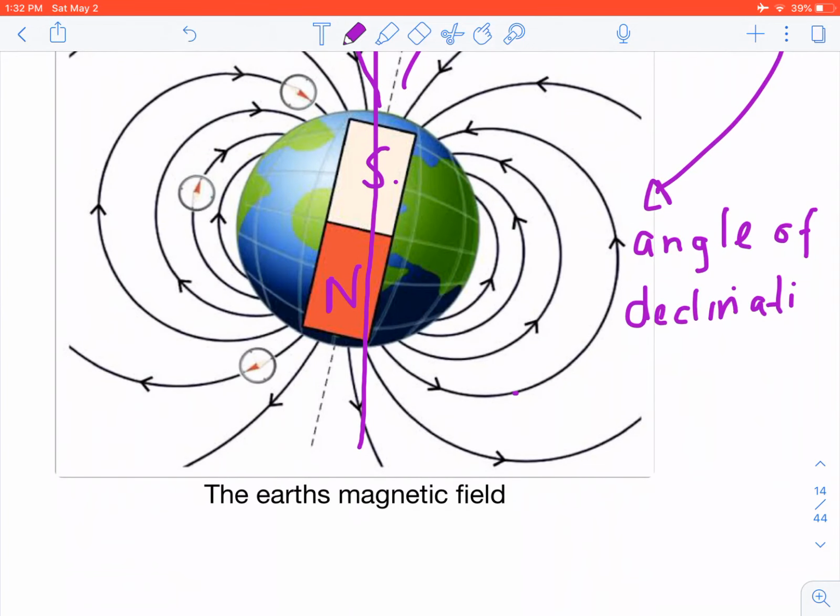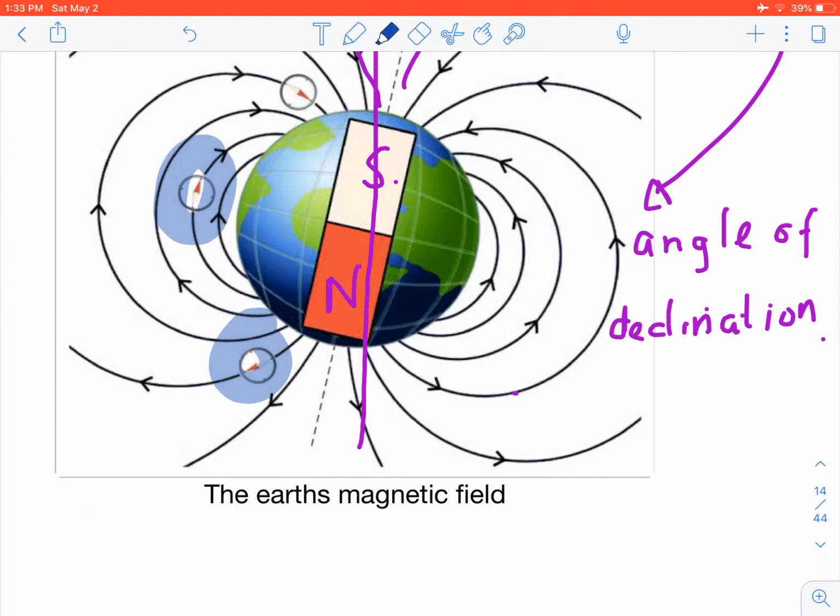When you're using your compass needle, it moves in the direction of the magnetic north, not the geographic north.